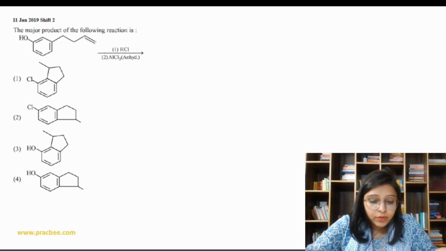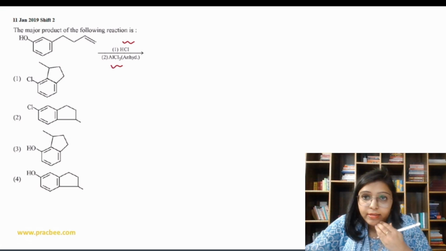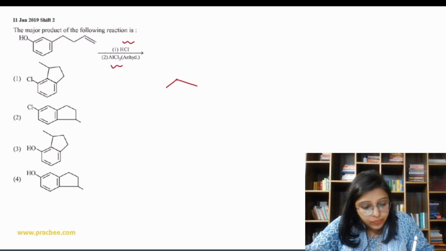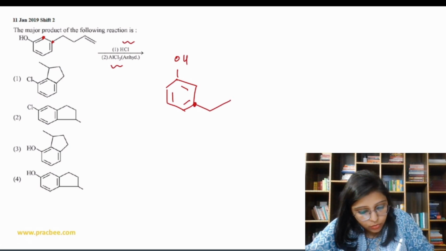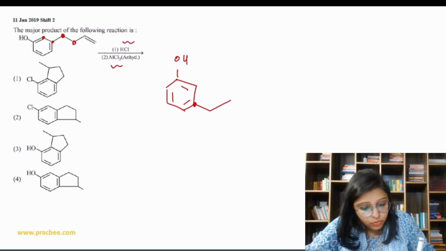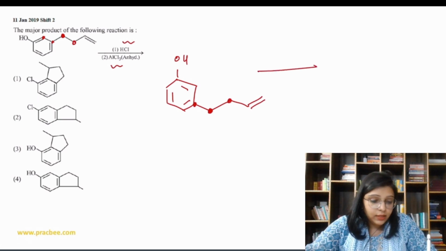The major product of the following reaction is. So we have HCl and anhydrous AlCl3. Okay? So see, we have OH, and this is ortho and this is meta. At meta we have CH2 CH2, then CH double bond CH2. Understood? Now we have HCl.